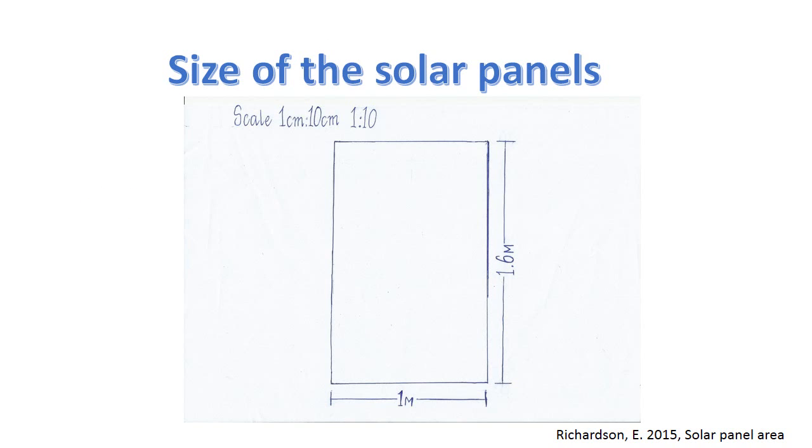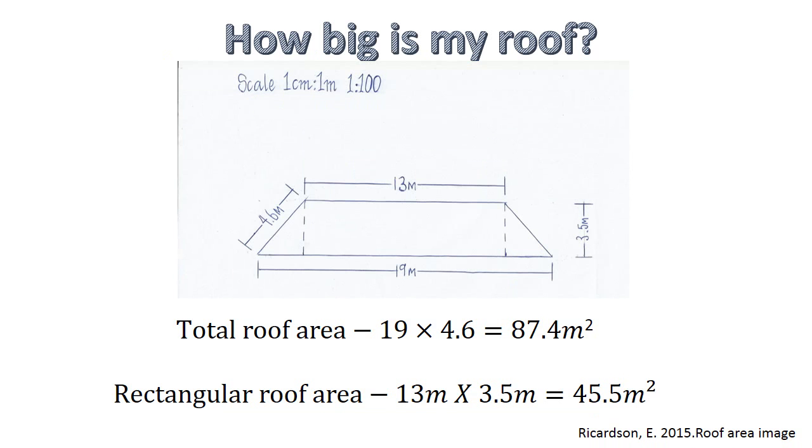The next step in the process of reducing my household's environmental footprint is to ensure my home's roof is suitable for a 6 kilowatt solar system. Infinite Energy's 6 kilowatt solar system comprises 24 panels, each 1.6 metres by 1 metre. To ensure the solar panels will fit on my roof, we must first work out the area of my roof.